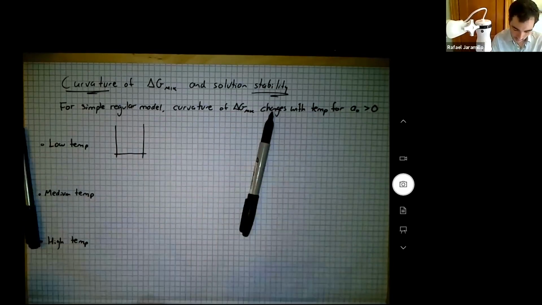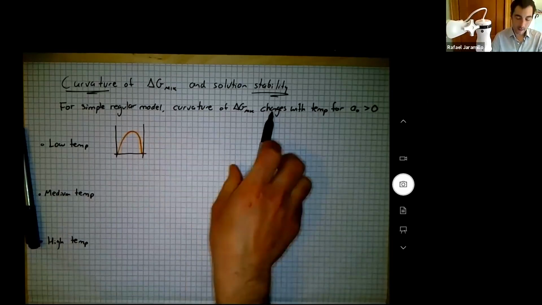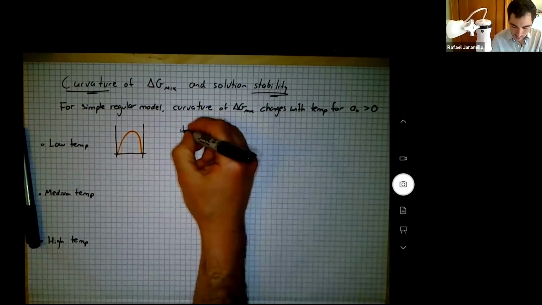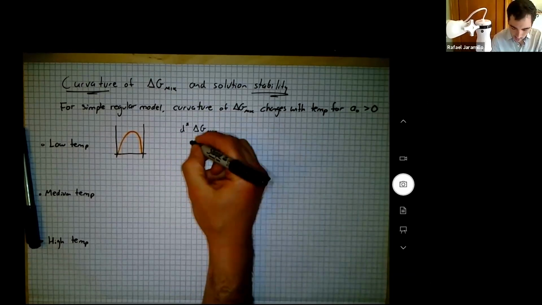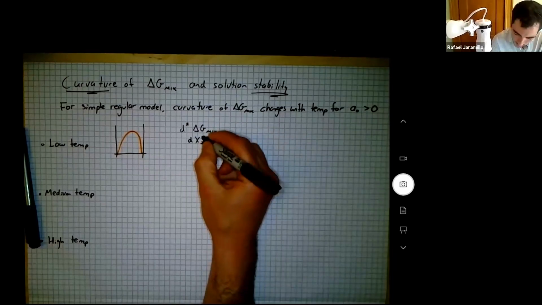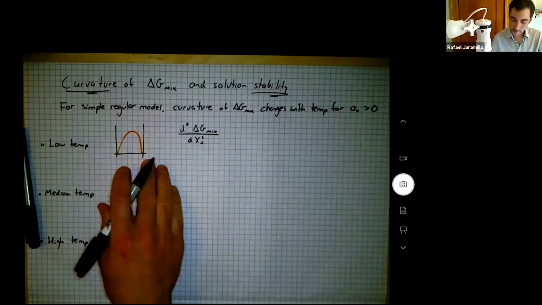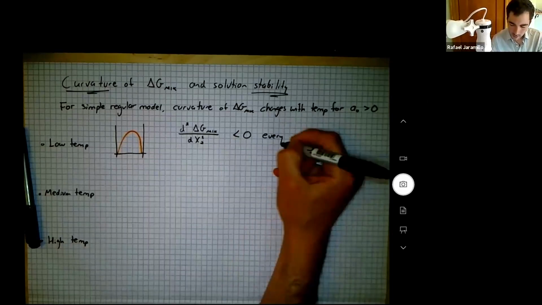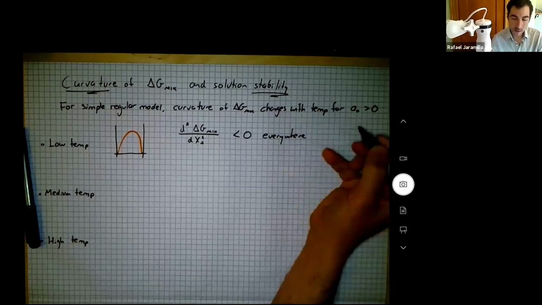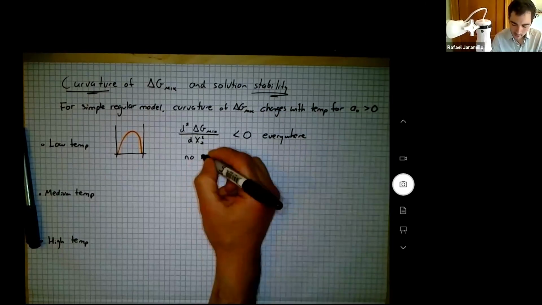Delta G of mixing is like that. So the curvature, d squared delta G mix over dx2 squared, that curvature is everywhere negative, right? This is negative curvature everywhere. Another way of putting that is that there are no inflection points.